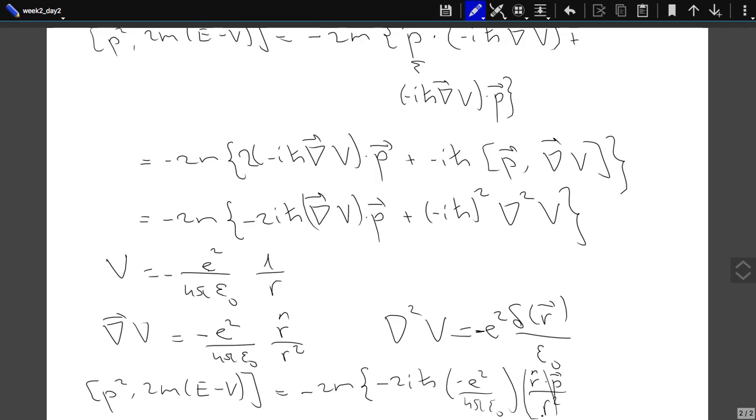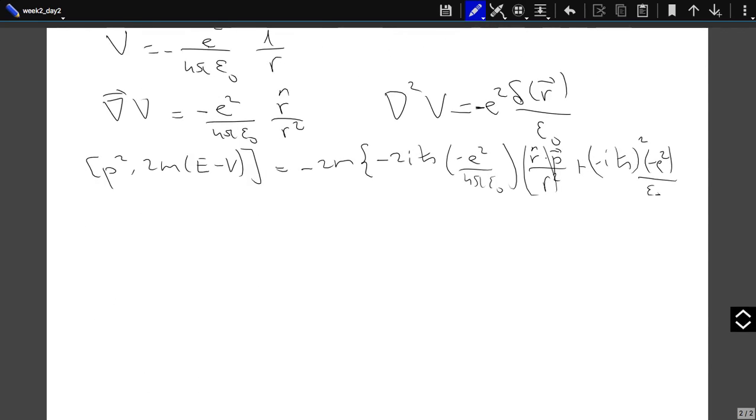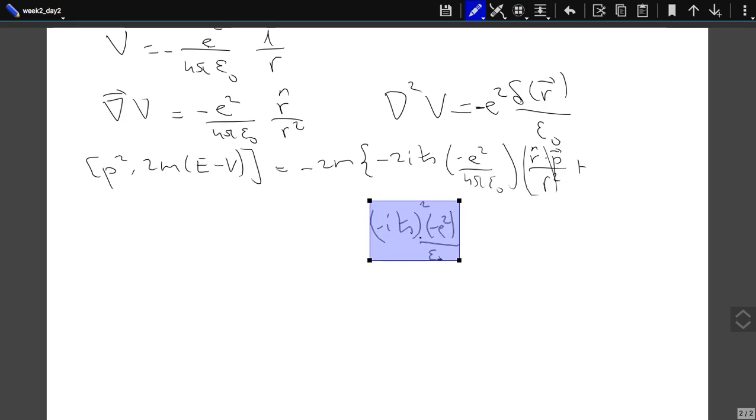Well, let me write it this way, they don't commute. And plus minus i h bar squared, minus e squared divided by epsilon 0, times the Dirac delta of r. This is the three-dimensional Dirac delta.